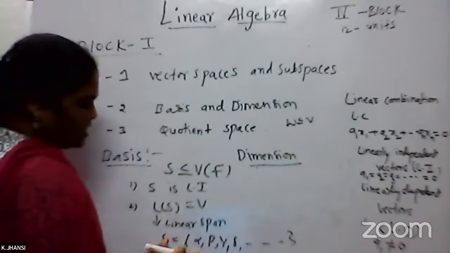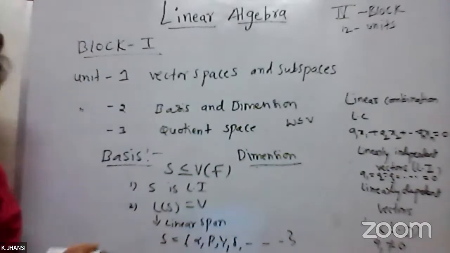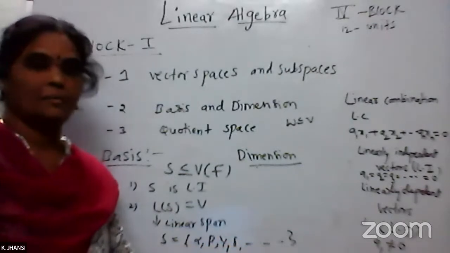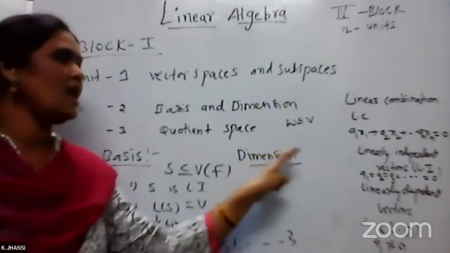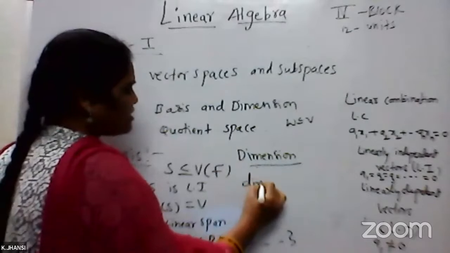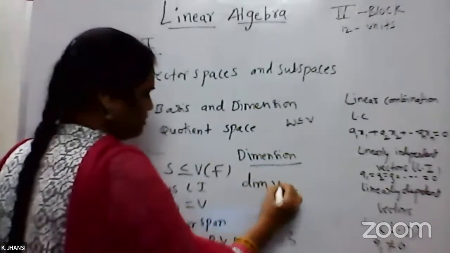These are all the set of vectors forming the set S. The number of elements present in the basis is called the dimension, and we represent it as dim of V.